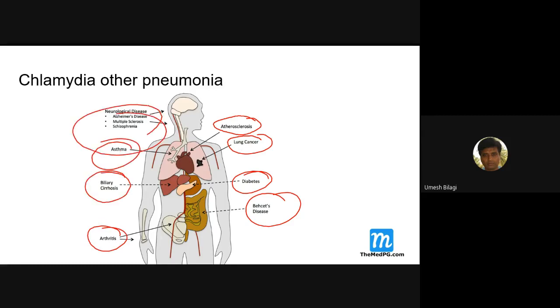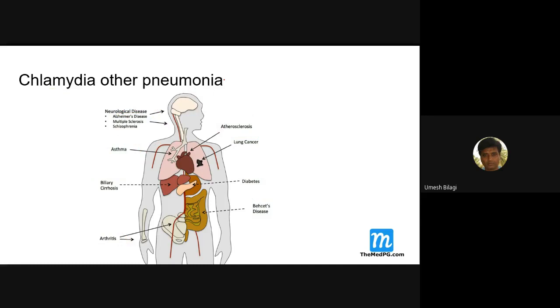These are all associations. It can cause multi-system involvement on a long-term basis; acutely, it causes pneumonia. You should know that. So if they ask about Alzheimer's being caused by some virus and all that, you can pick chlamydia.